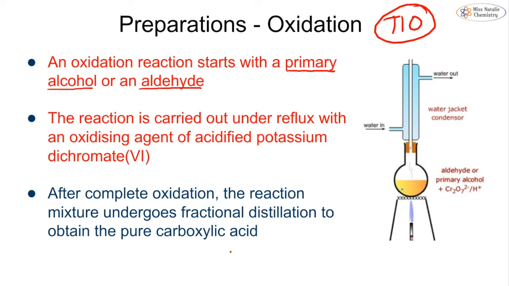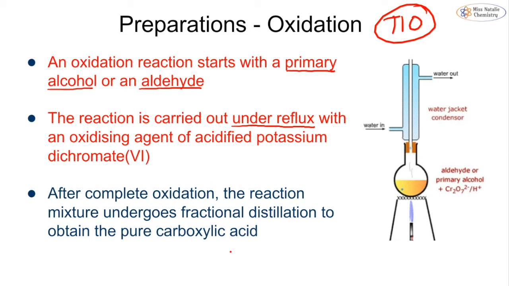And the reaction is carried out under reflux this time. So the reflux diagram is shown on the right hand side here, and you can see that the main difference is our condenser is vertical. So anything that becomes vapor goes up into the condenser, goes back into our liquid and drops back down into the round bottom flask. This is of course different for an aldehyde where we want to use distillation.